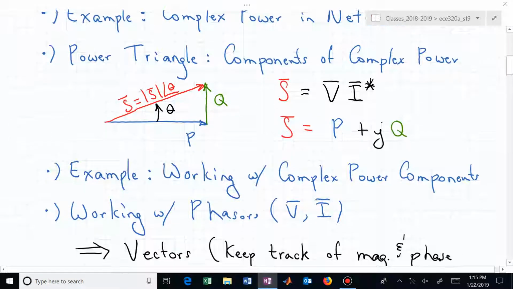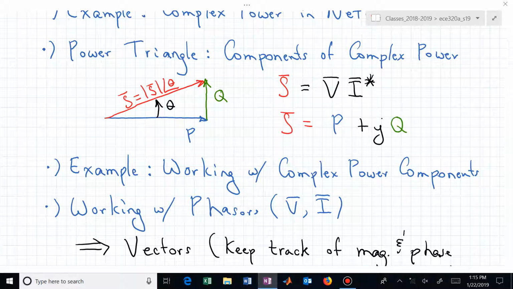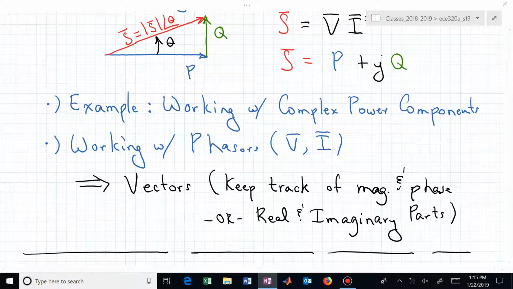And then we'll look at the power triangle and the components of the complex power, and we'll work through another example with complex power components, and then we'll start getting into working with phasors.